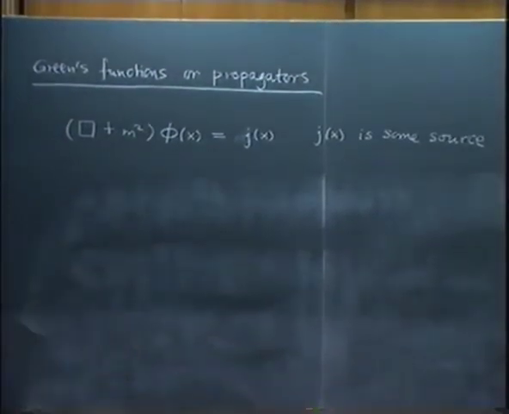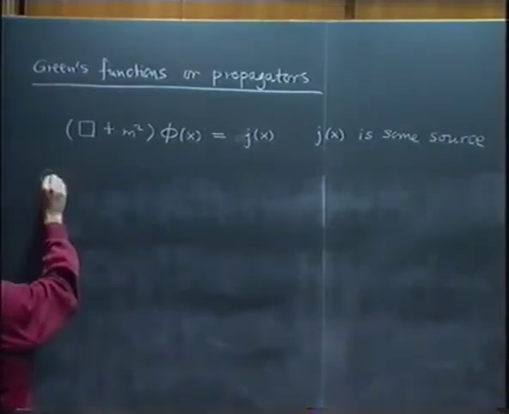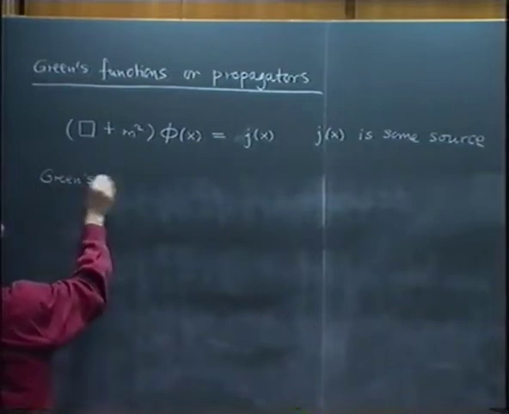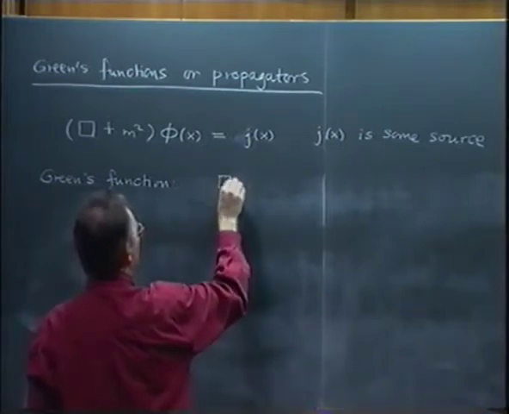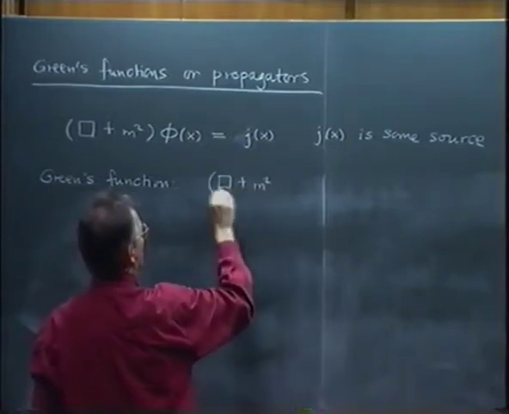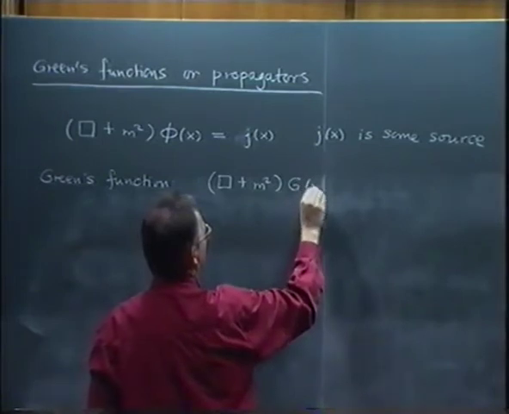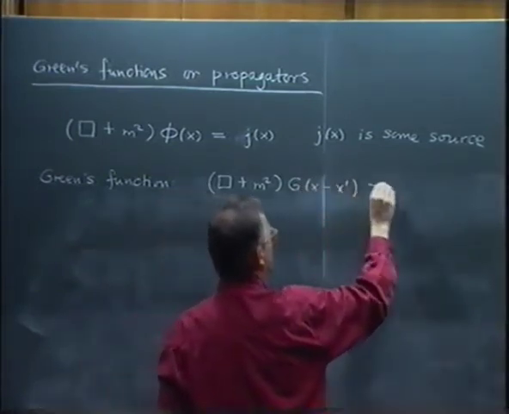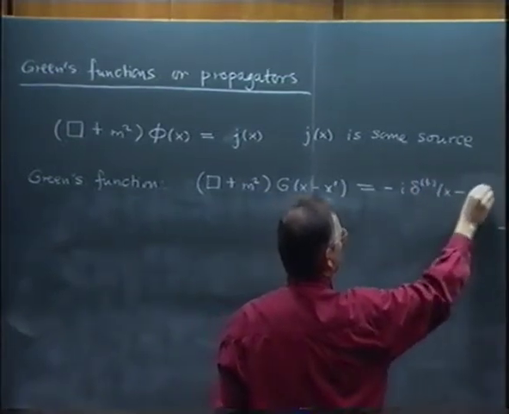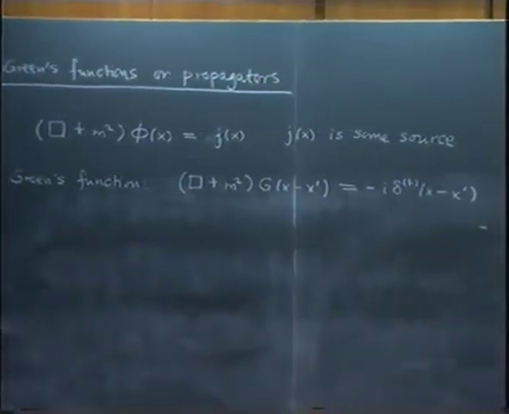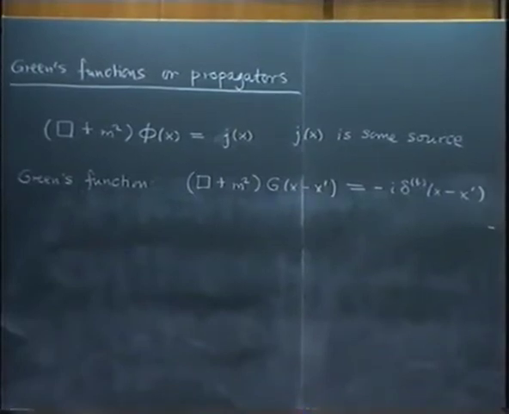Then how do you solve this equation? And, well, the answer is known, of course. You solve it by means of a so-called Green's function. Then you define a function g of x minus x prime such that this is equal to minus i delta 4 of x minus x prime. And by means of this Green's function, you can rewrite the differential equation as an integral equation.